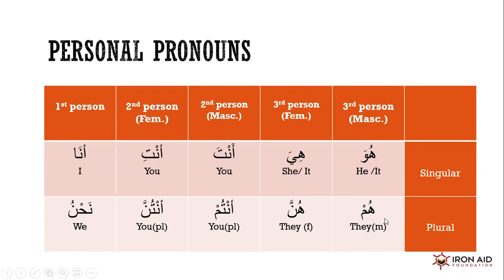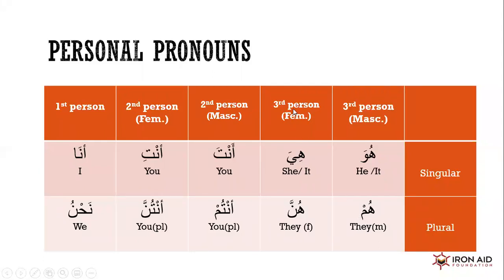And it's normally the masculine form that is used in the Quran, unless the Quran is talking about just females, then it would use the feminine form. So huwa is he, singular, and hum is they, so plural, referring to more than one.